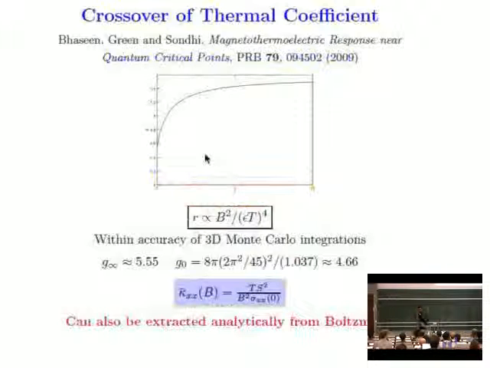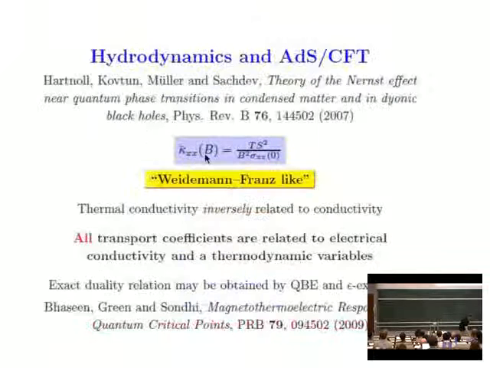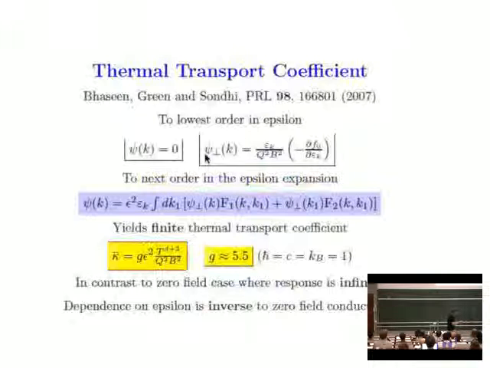Sorry, this is very small, isn't it? This is the coefficient that we call G. In our work, there are just so many factors related to how we define things, but there's a dimensionless number that we computed that was 5.5.